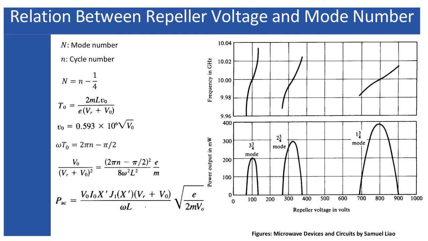Physically, if you increase the number of modes, that means you are reducing the Repeller voltage and allowing the electrons to reach the cavity at some later time, or you are intentionally introducing some delay in their reaching time. By that time they reach the cavity, the bunched electrons can be debunched due to their mutual repulsion.